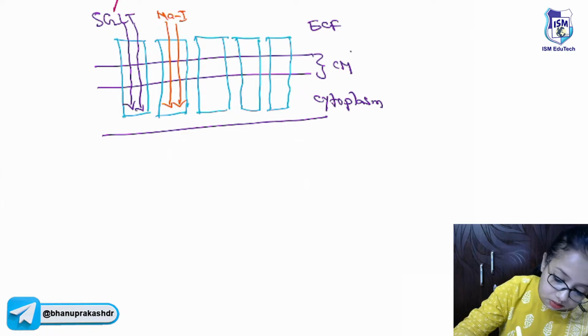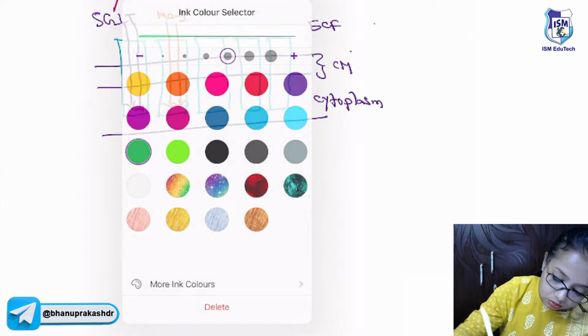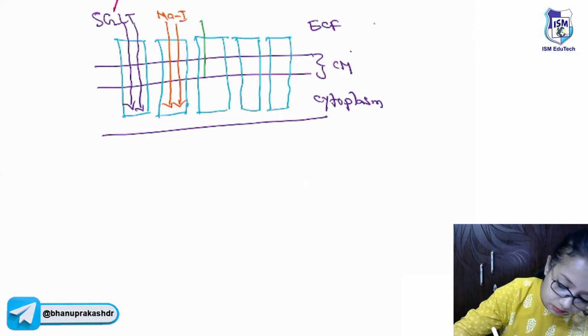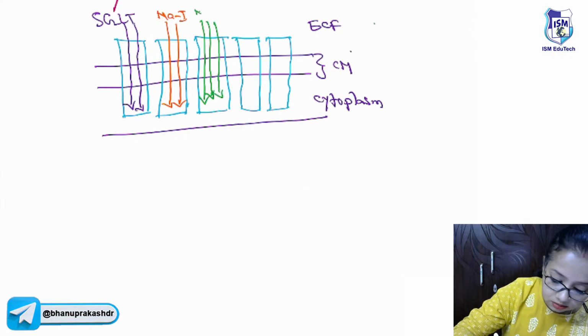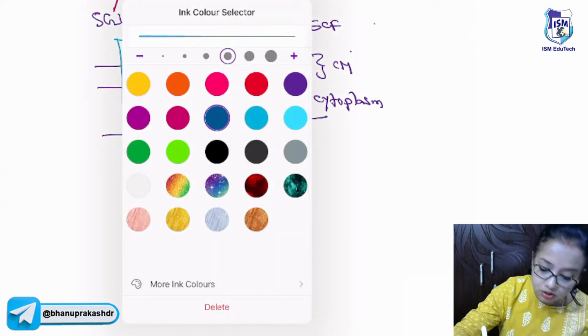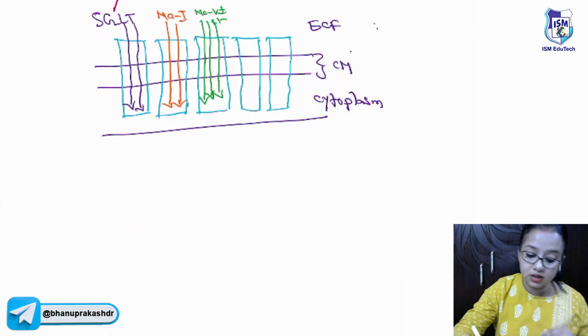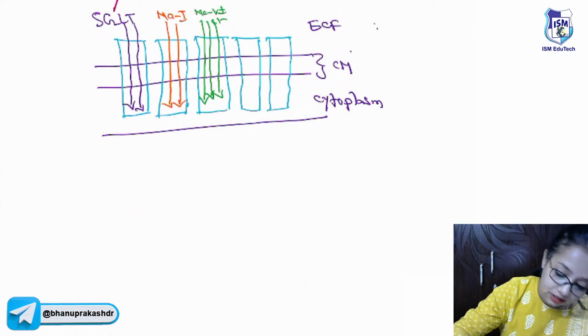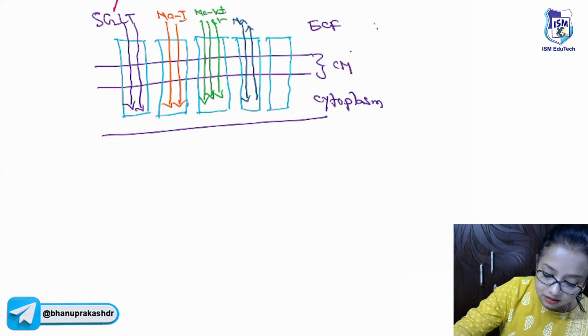Our third example, sodium, potassium and chloride importer. Then we also have exchangers, meaning going in opposite direction, like sodium entering and calcium going out.